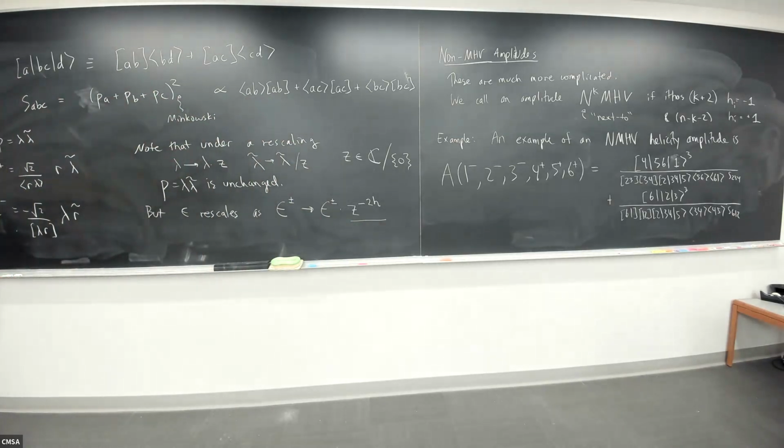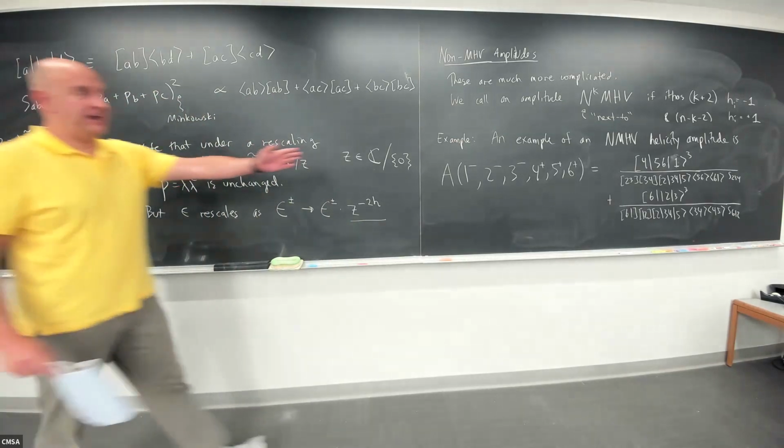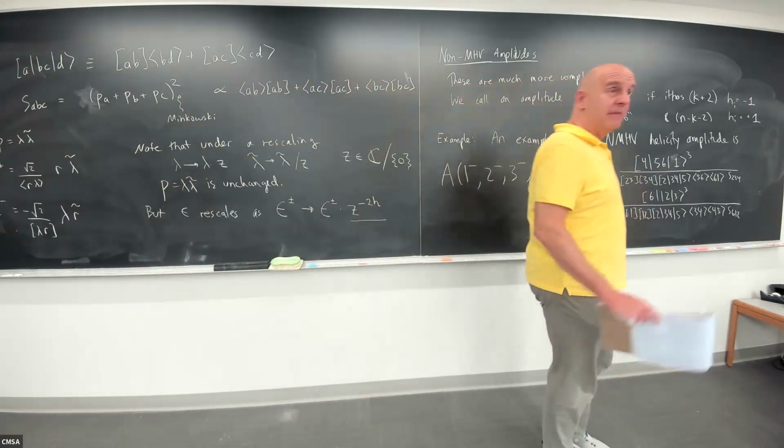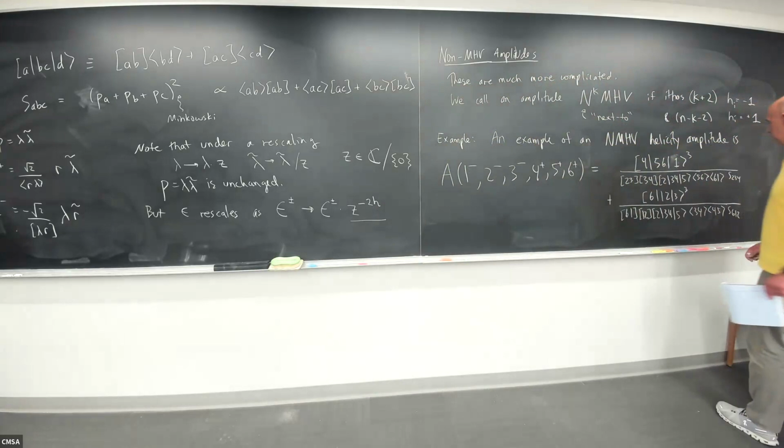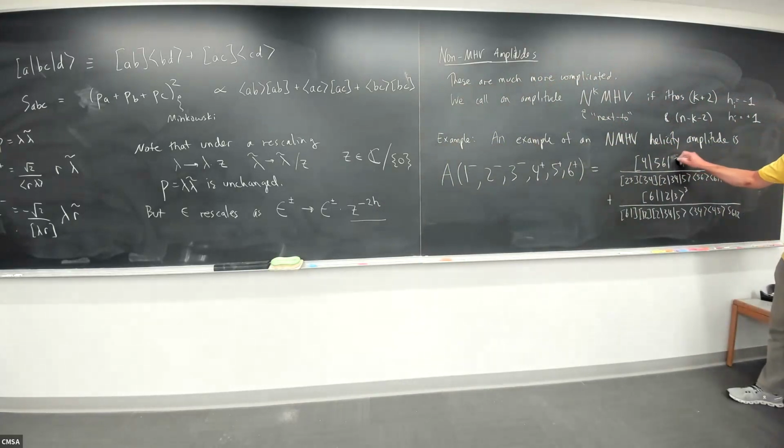One of the reasons why it's useful notationally to distinguish the lambdas and the lambda tildes is that you can look at a formula quickly by eye and check this rescaling. Let's take this formula and see if it makes sense. I'll be able to know there's a typo here if I put a 3 there.